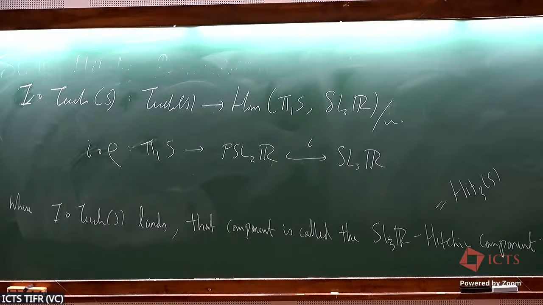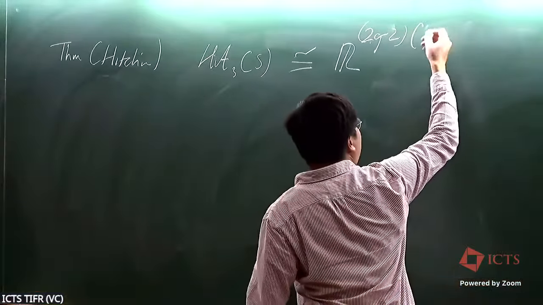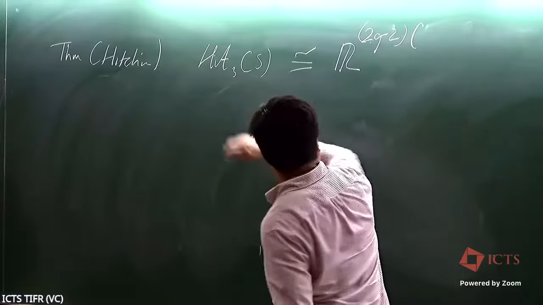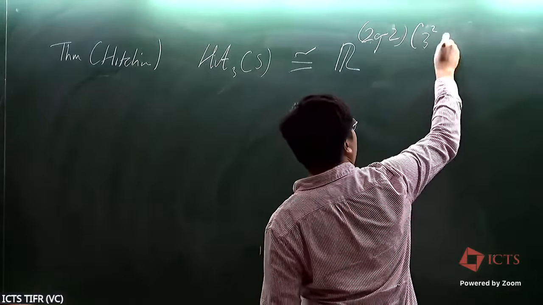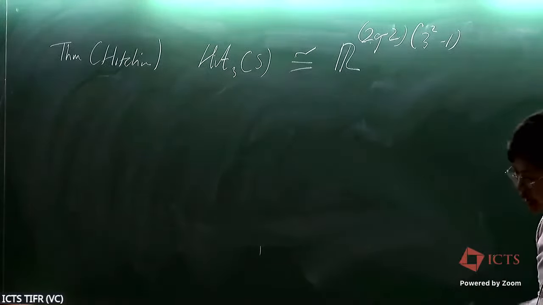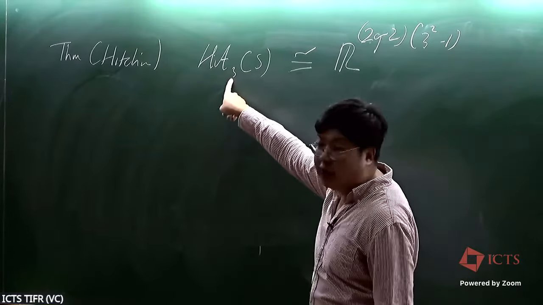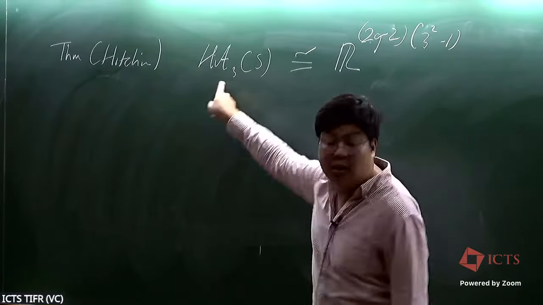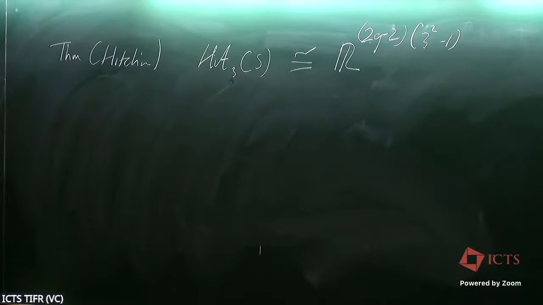Let me write it like this: 2g minus 2, and then I take n squared minus 1. So in this case, n is 3. So let me write it 3 squared minus 1. So in general, you can define Hitchin components for, instead of 3, you have n. It's the same argument here, and you just replace degree 2 with n minus 1. Still 2 variables.